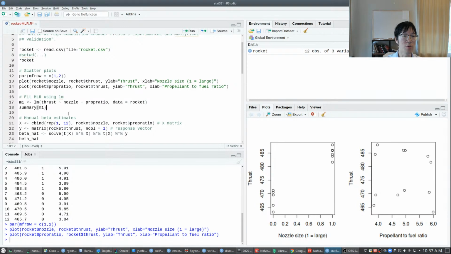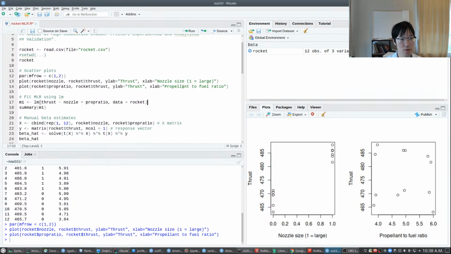So it's equivalent to our formulation for multiple linear regression. So this will fit an intercept term plus beta 1 nozzle and then plus beta 2 propellant ratio. So in terms of syntax, if there are many variables, it can be shorter to just put the data object at the end, so it will automatically read these columns from the rocket data frame. Otherwise, we could just do rocket$thrust and so on, and that would give us the same results.